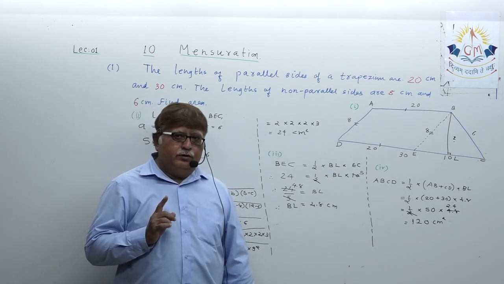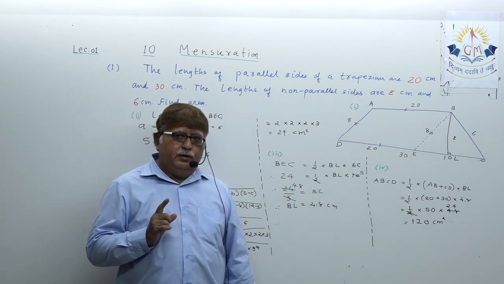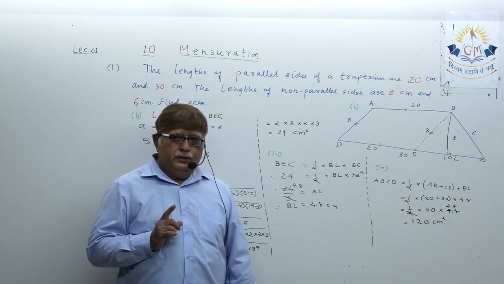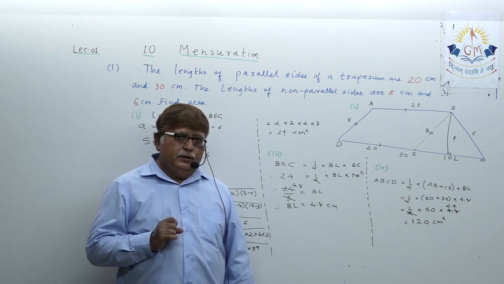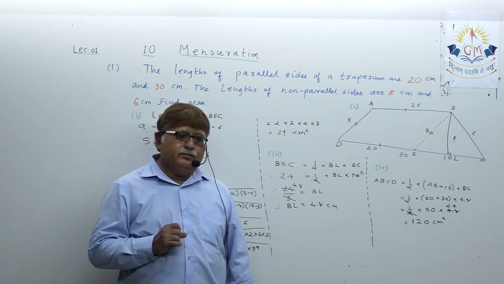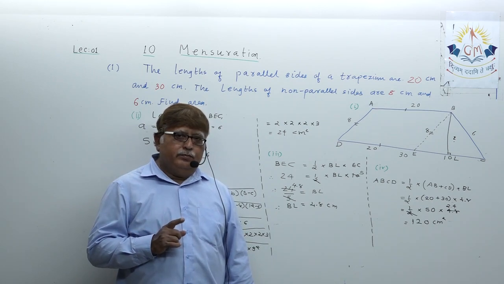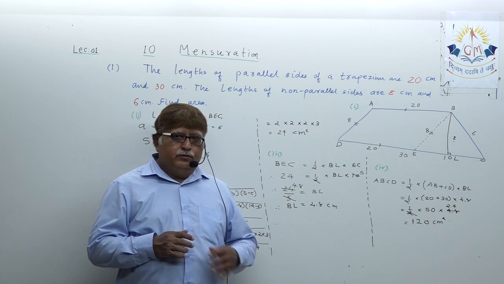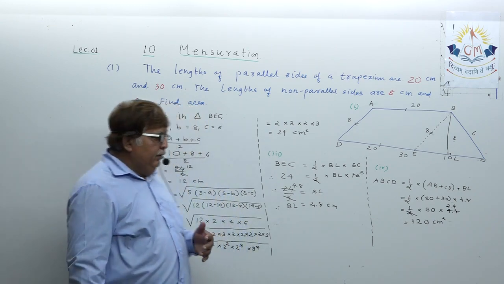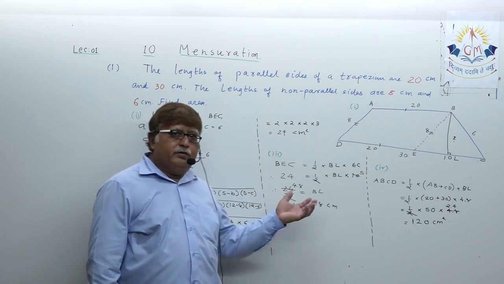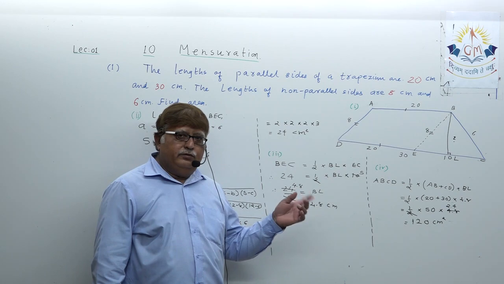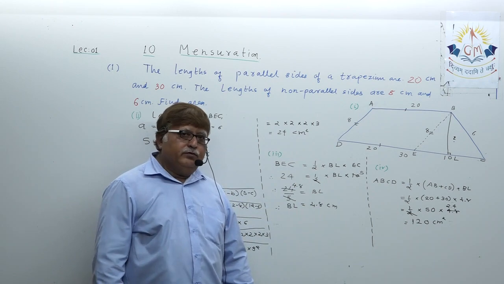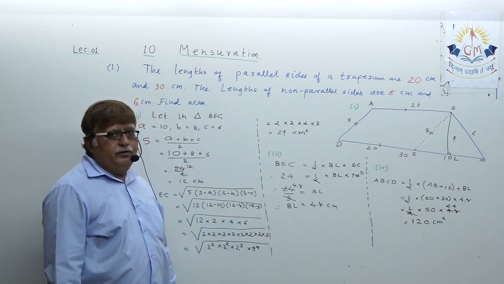If you want to find area of trapezium, you must have knowledge about parallel sides and distance between parallel sides. So this whole example till step number 3 is finding the distance between two parallel sides. Then the sum becomes quite easier for you.